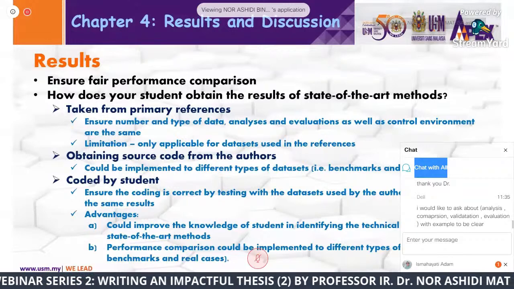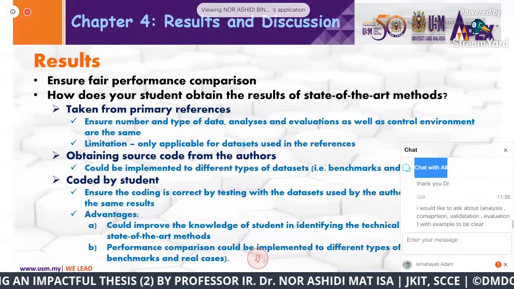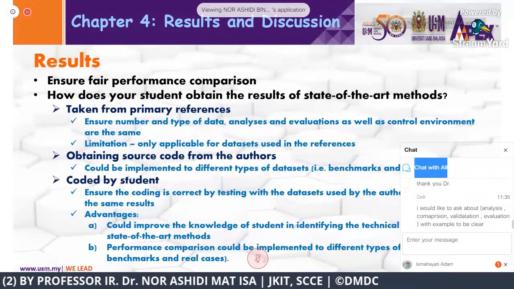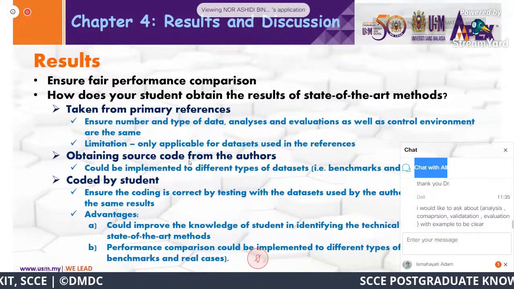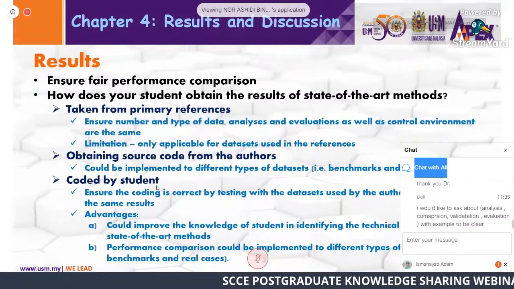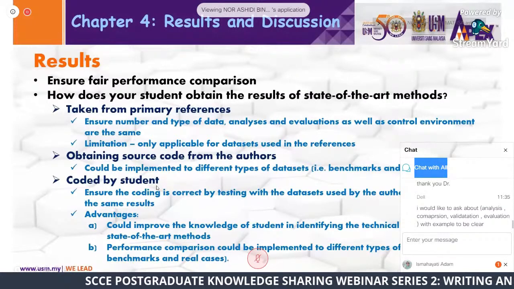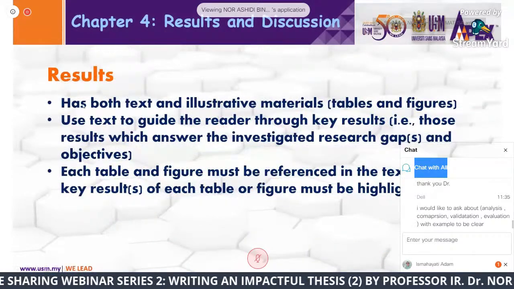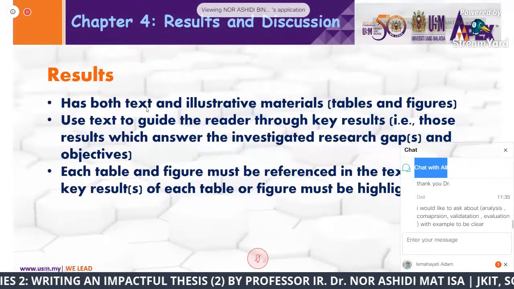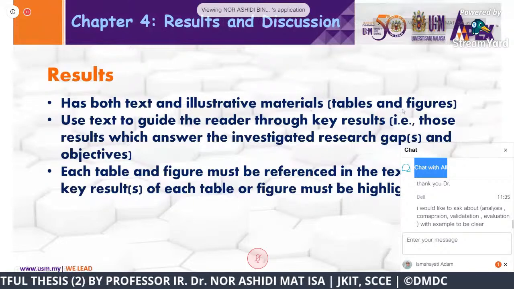So this is how you do the comparison. These are the three techniques: either you take results from references, or you obtain the source code from the authors, or you code it by yourself. Okay, so the results must have both text and illustrative materials, tables and figures.